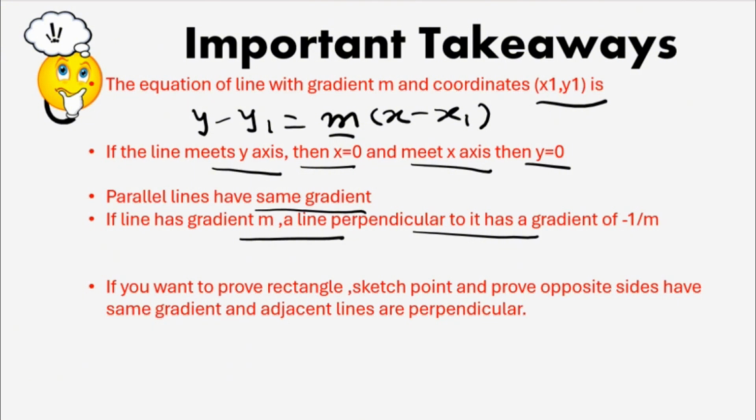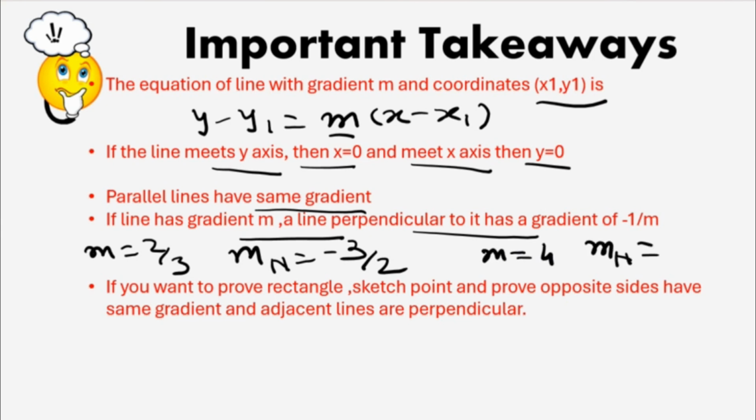For example, if I have m is equal to 2 over 3, then the normal gradient I can write down as mn equal to minus 3 over 2. So it's the reciprocal and inverse. If my gradient is 4, then my mn is equal to minus 1 over 4. These are very important points you have to remember for this topic.